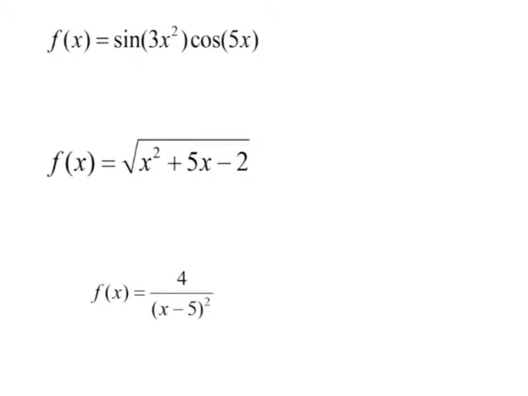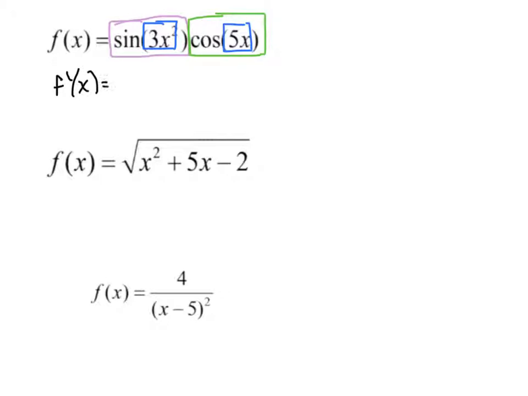In this example, sine of 3x squared times cosine 5x, I hope you notice that we are going to need product rule, right? We've got this function multiplied by this function. And within our product rule, we're going to need chain rule, because we've got 2 inside functions. Okay? So, f prime.